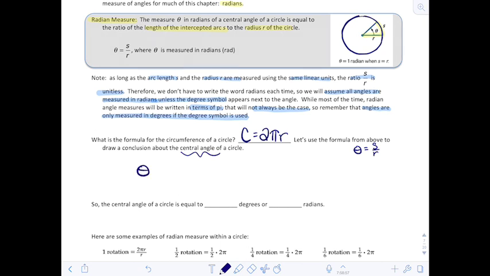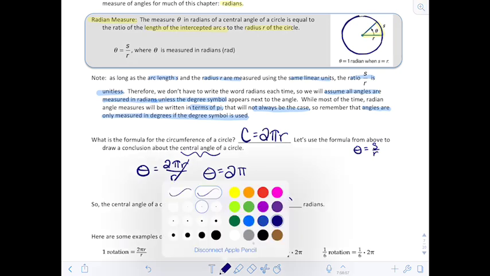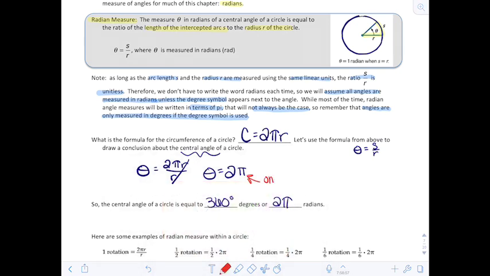Theta, that central angle, is arc length over radius. The arc length all the way around a circle is 2 pi r, divided by the radius. The r's cancel out, so theta is equal to 2 pi. So the central angle of a circle is equal to 360 degrees or 2 pi radians. This 2 pi represents 1 revolution around the circle.